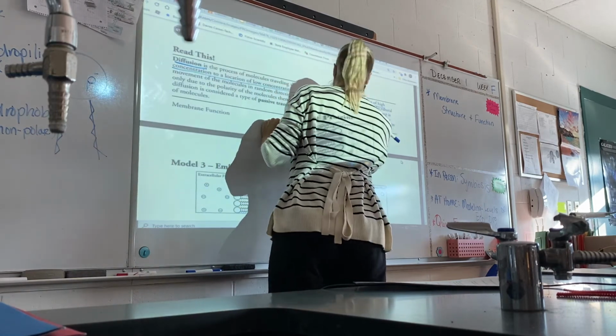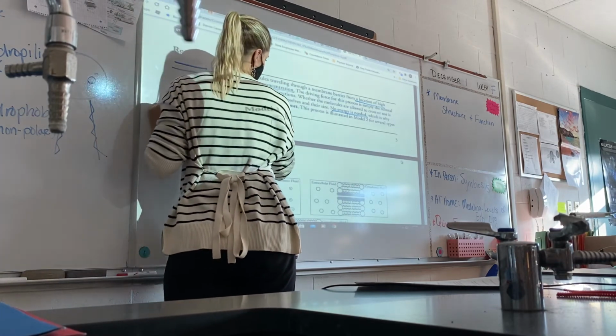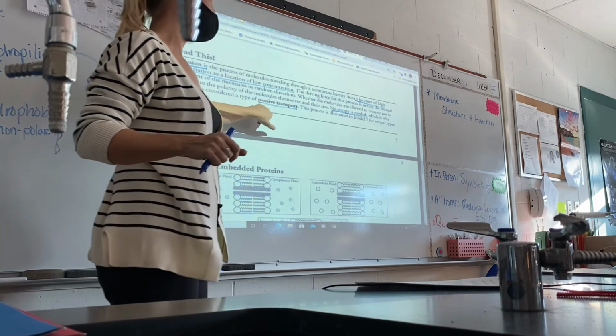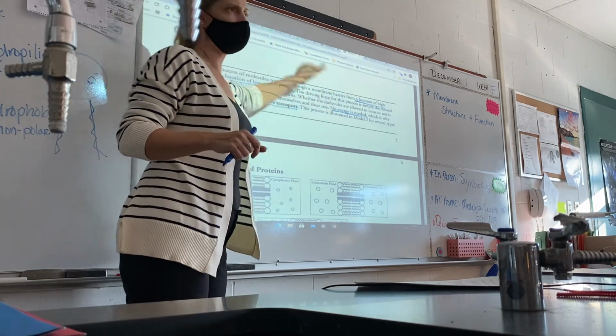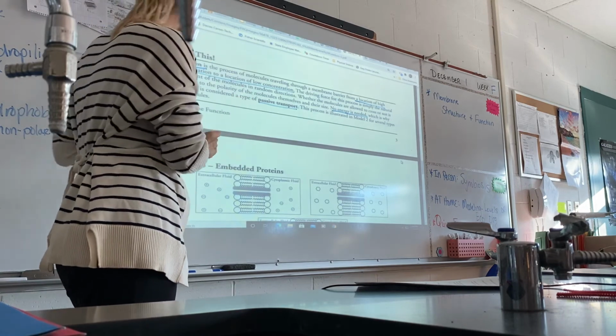It's due to that random motion that's already there, and it's considered a passive transport because of that. So to summarize, passive transport means no energy is required, and diffusion is an example of that. Okay? Perfect.